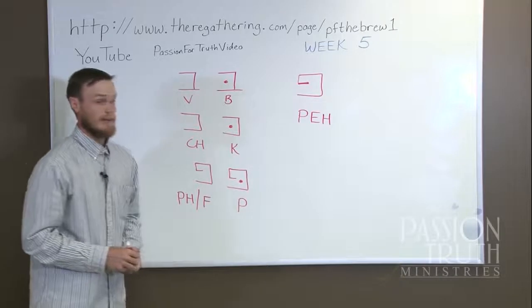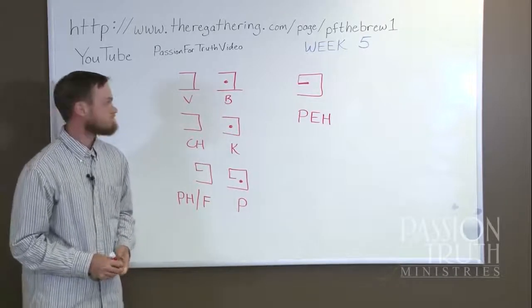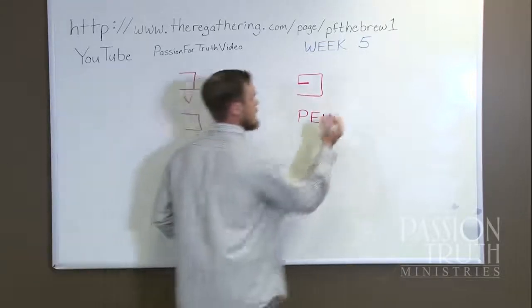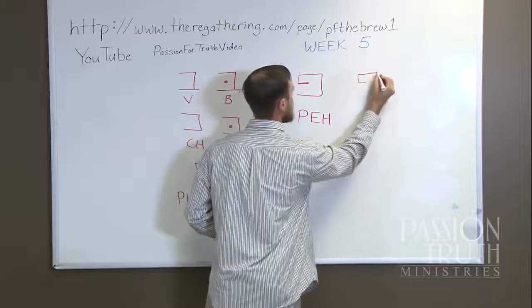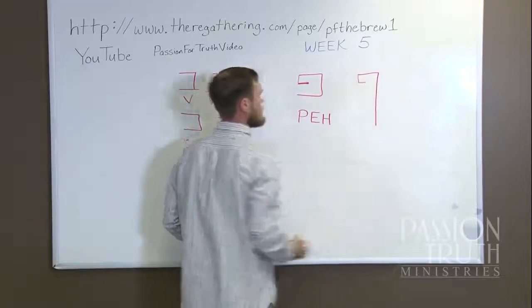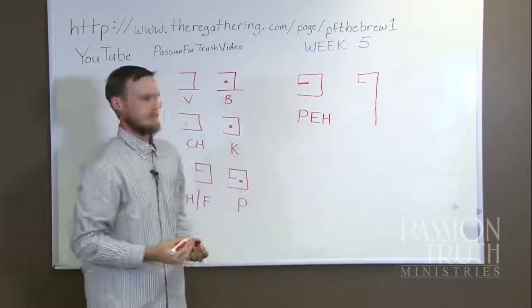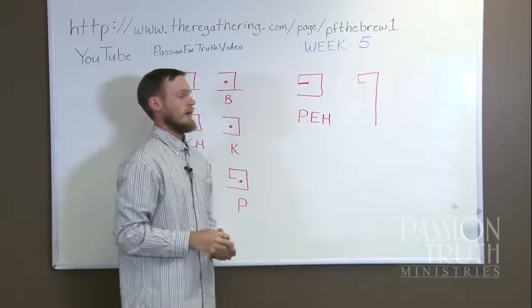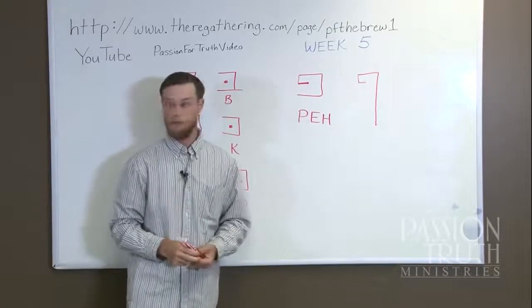And the pei also has a final form. Okay, so pei sofit looks like this. I'm exaggerating the length, but it does extend below the line, just like the final nun and just like the final kaf.